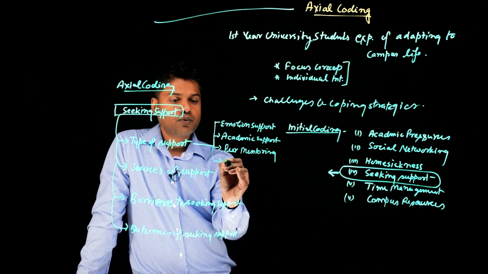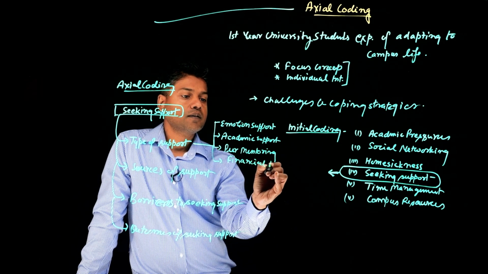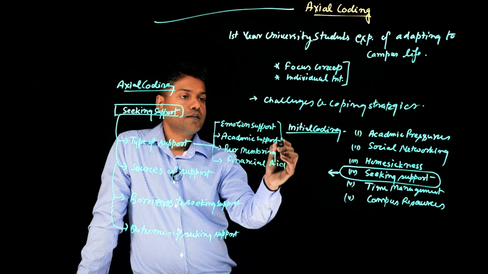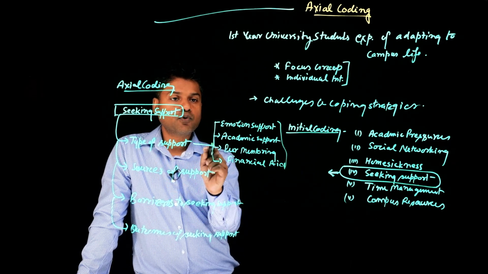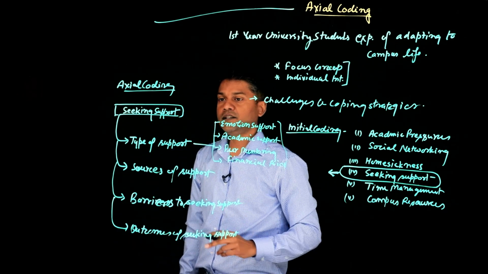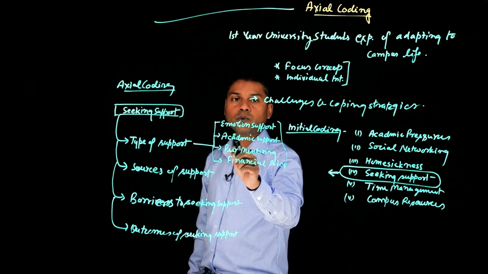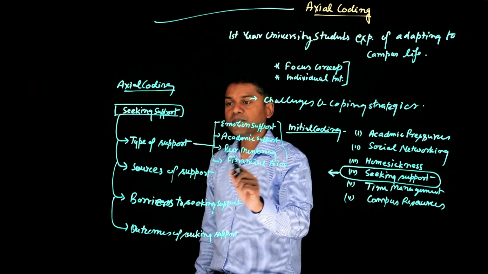And the type of support could be financial aid. So you see, I developed the subcategory type of support further. So seeking support, the first subcategory is type of support: emotional support, academic support, peer mentoring, and financial aid.